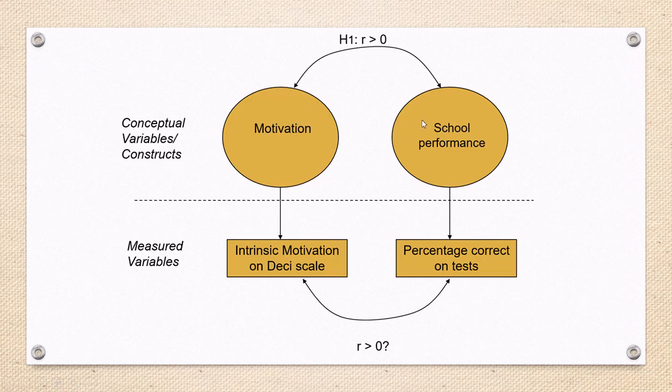We need to turn them into our operational definitions. So in this case, we have intrinsic motivation on the DC scale. This is related, or we test to see if this is related, to percentage correct on tests in school. We then make inferences about what we find on our measured variables to try to understand the underlying relationship.